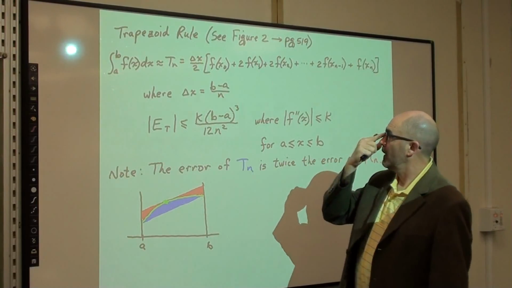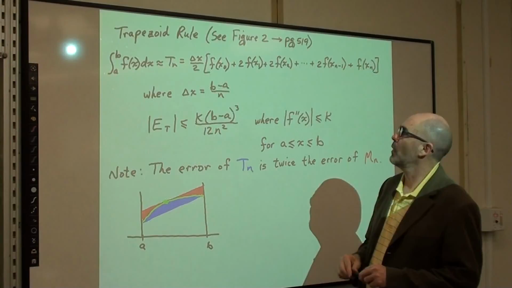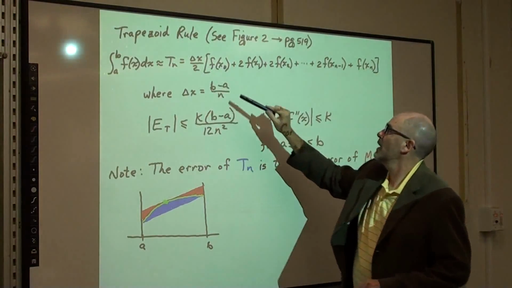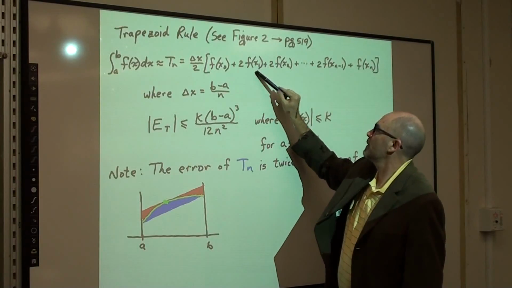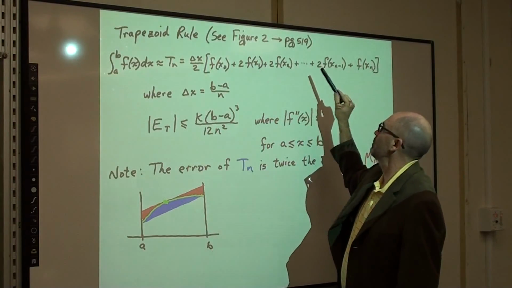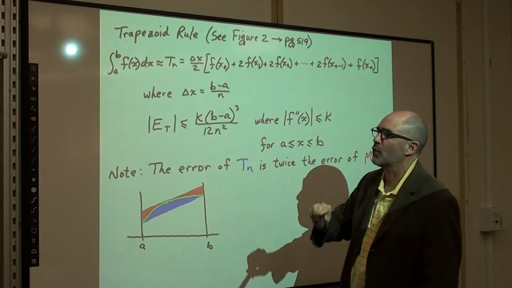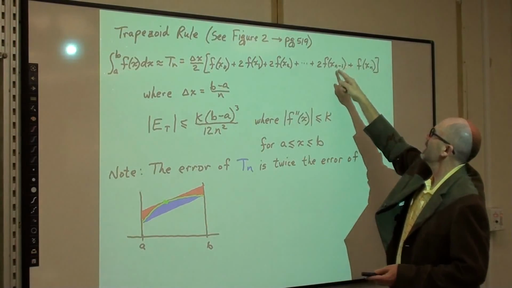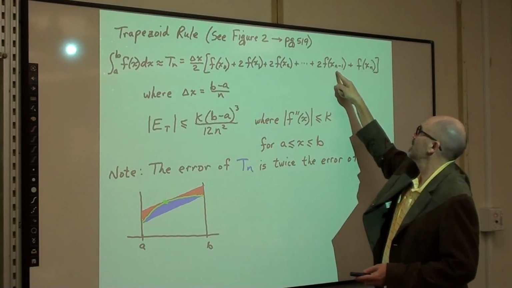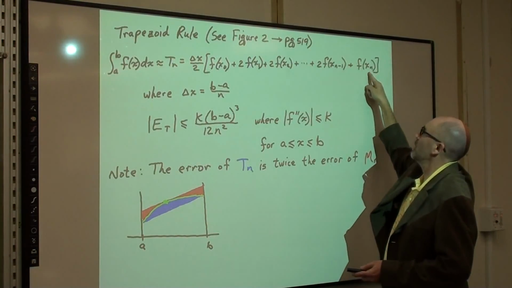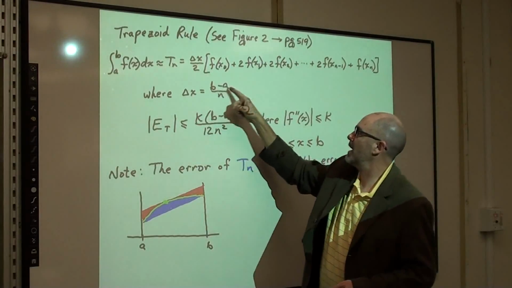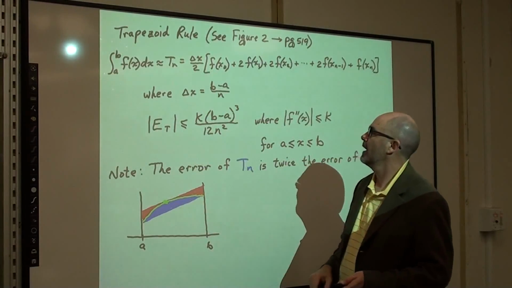Now, this area is going to be approximately delta x over 2 times f of x sub 0 plus 2f of x sub 1 plus 2f of x sub 2 plus 2f of x sub 3 plus 2f of x sub 4, and just keep going 2, 2, 2 until you get to the next to last one, which is still 2 times the height. The last one is 1 times the height. Now, delta x is still b minus a over n.